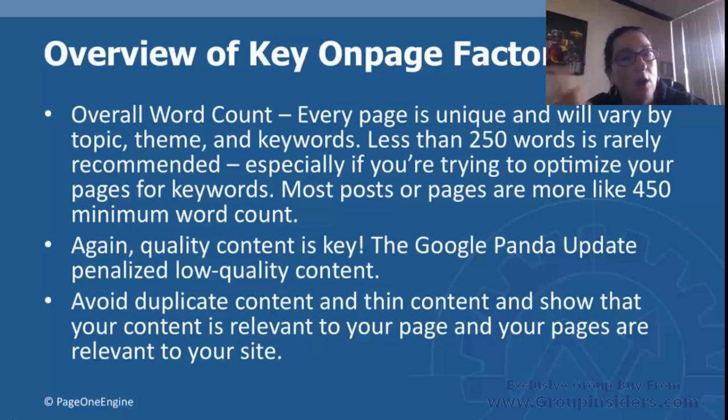Again, quality content is key. The Google Panda update penalized low quality content. So if you repeated yourself a lot and it wasn't useful, you kind of got a little spank from the Google Panda update.